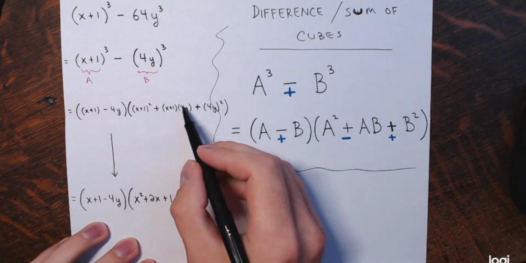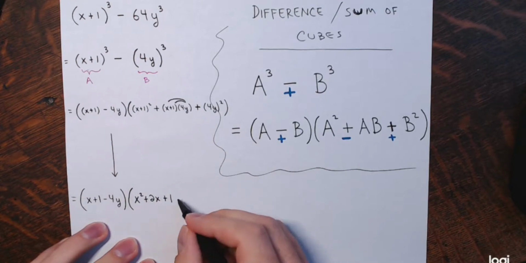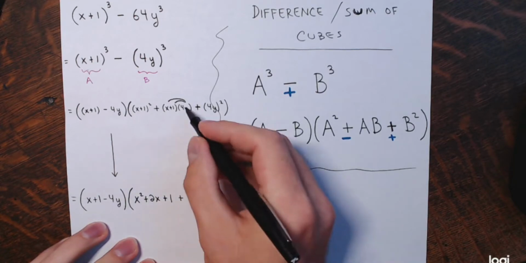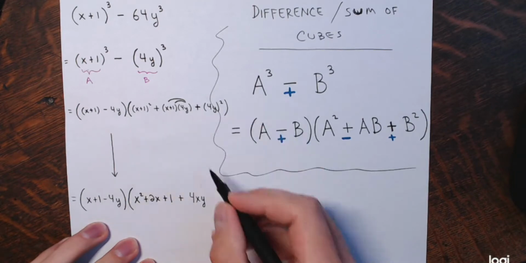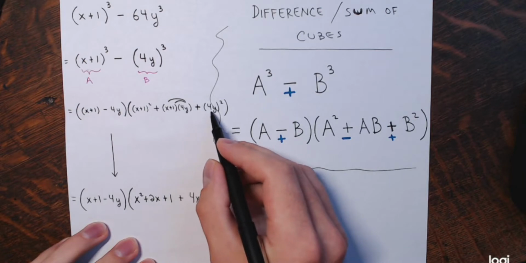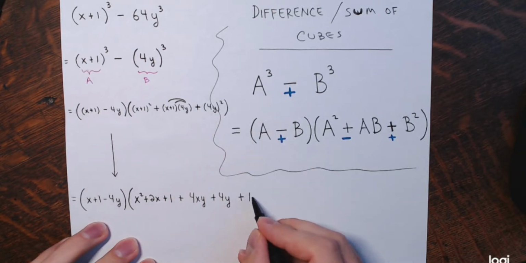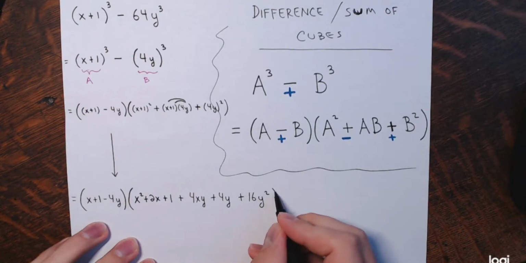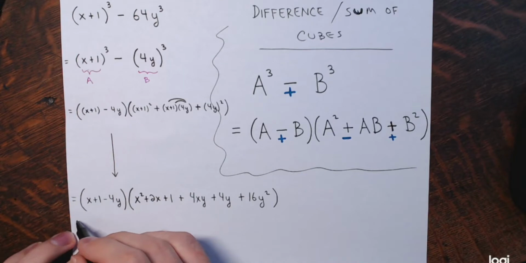Then the second term, distributing the 4y, taking 4y times x plus 1, we'd have plus 4xy plus 4y. And then the last term, 4y to the second, 4y times 4y would be 16y squared. And none of these terms are like. So this is it.